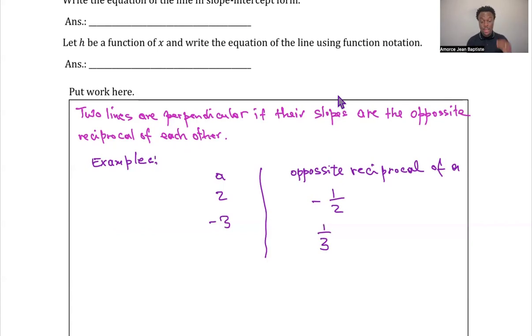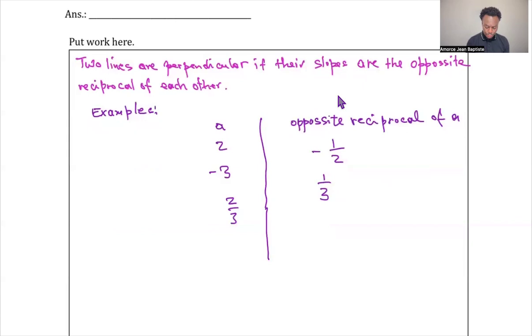So the two words, opposite, reciprocal. Opposite is changing the sign. Reciprocal means flip the fraction. If you have a slope 2/3, the opposite reciprocal will be -3/2.